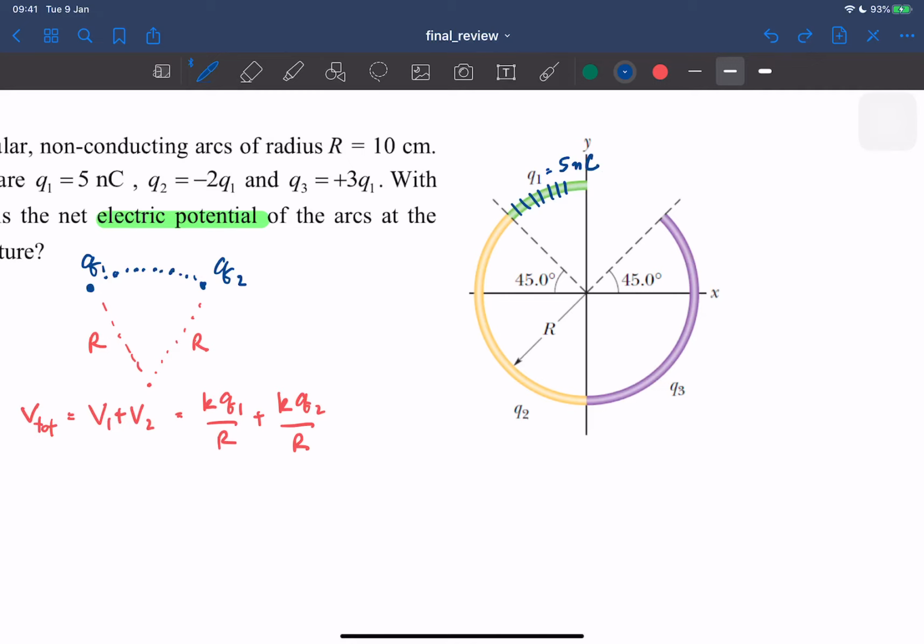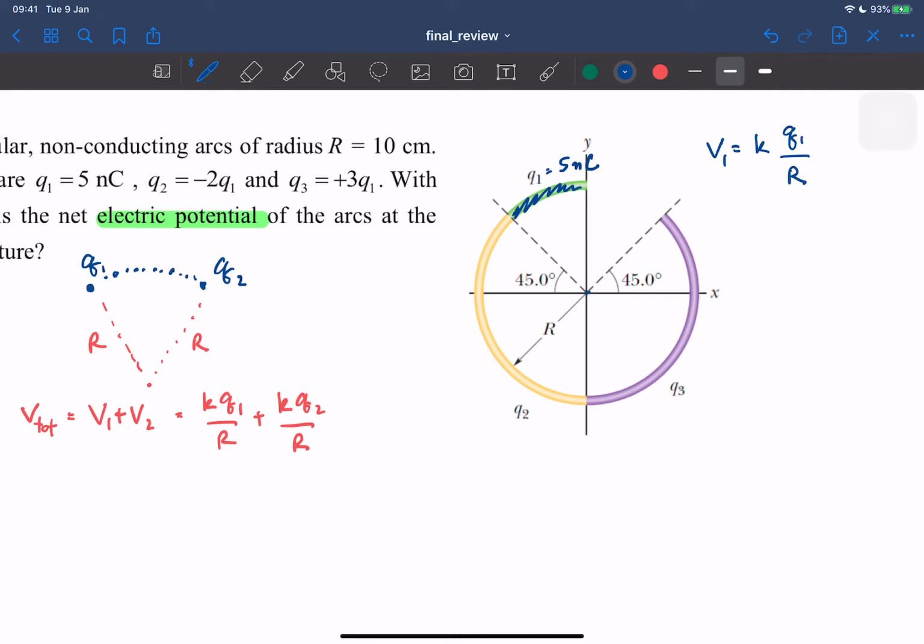So you don't even need to do that. You just say, okay, it's the total charge Q1, which is a distance R away from the center. So V1 is going to be K times Q1, which is 5 nanocoulomb, divided by R. That's it for Q1.